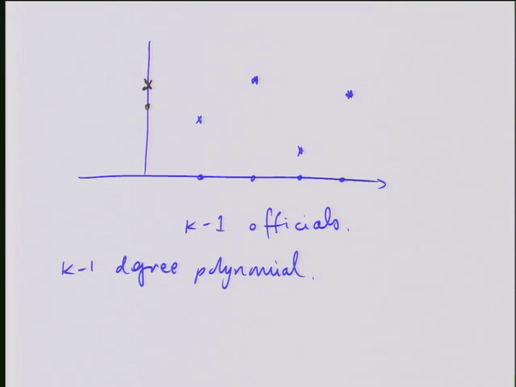What happens then? How many polynomials are there that go through these k points? Exactly one, right? So for every way of choosing the secret, there's exactly one polynomial that's consistent with that choice of secret and the shares that these k-1 officials received.